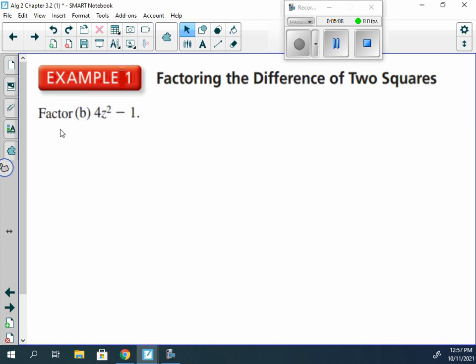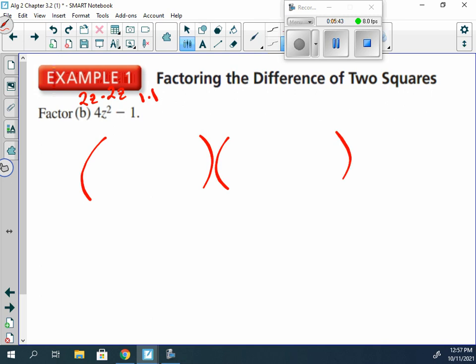4z squared minus 1. Are 4z squared and 1 perfect squares? Can we rewrite them as a number times itself? Well, z squared would be z times z. 4 is what? 2 and 2, yeah? So we could rewrite 4z squared as 2z times 2z. How about 1? 1 and 1. So this here would be a difference of perfect squares, yes?